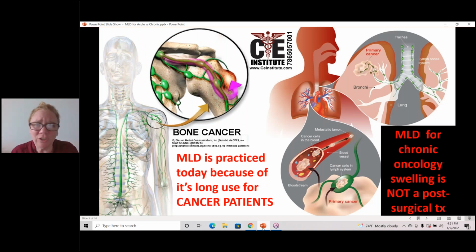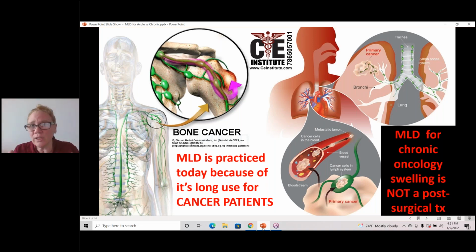Now, I trained in manual lymphatic drainage in 1995, almost 3 decades ago. And when we practiced manual lymphatic drainage back in the 90s, it was primarily for oncology patients, specifically survivors who had radiation and surgical removal of their lymph nodes as part of their oncology treatment.